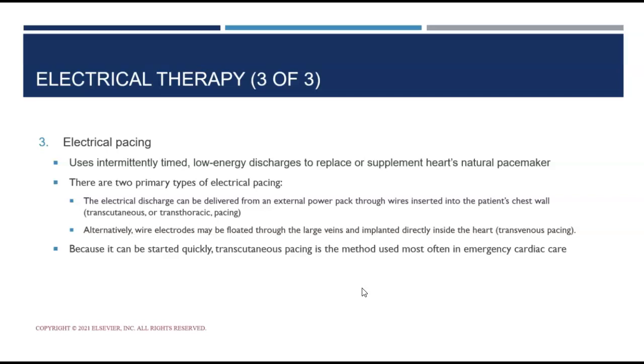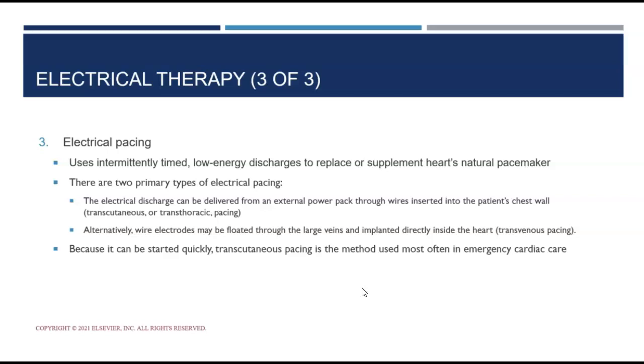The two primary types of pacing, the first is doing those pads on the patient's chest, external pads on the patient's chest. They'll use the same placements that we use for cardioversion. These pads will send an impulse to the patient's heart to get the heart to contract.